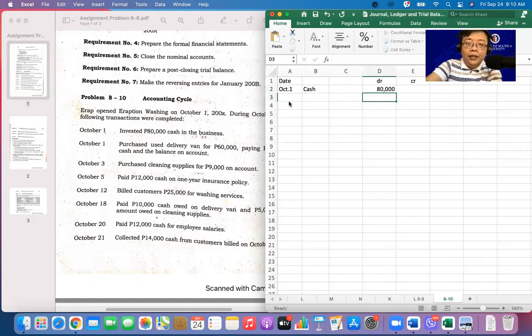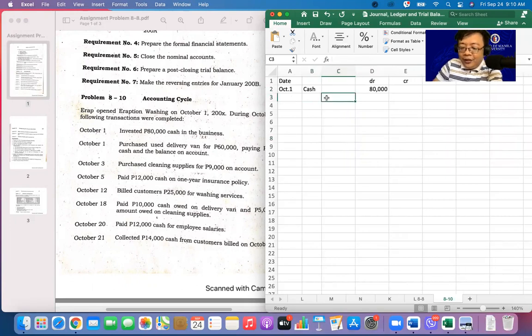And your credit here is your what? Very good, ERAP capital, worth 80,000. Invested cash by the owner.